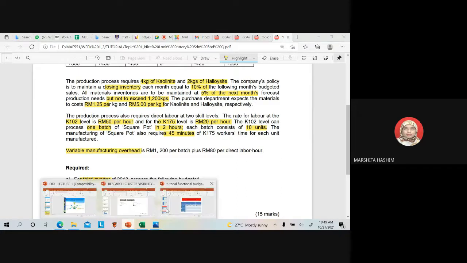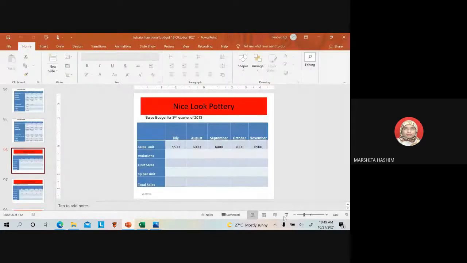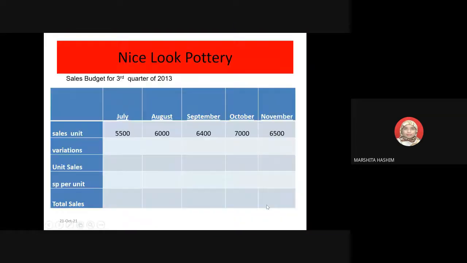Okay, now you can check your answer for Nice Look Pottery. The first part is actually workings. It's up to you, either you include it in your sales budget or you do it outside and transfer the figure.